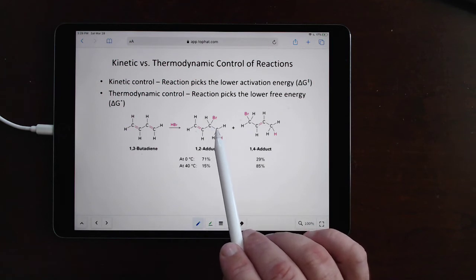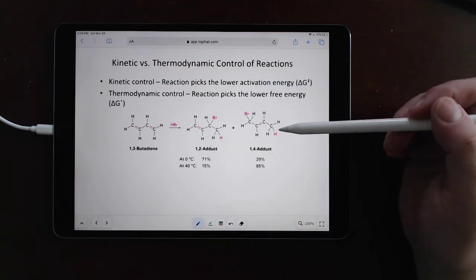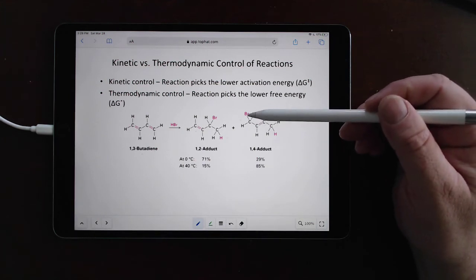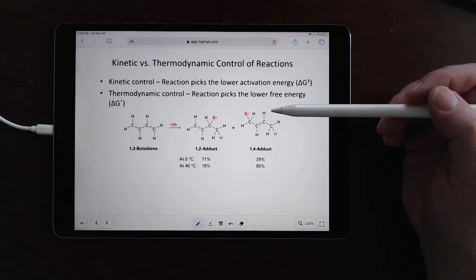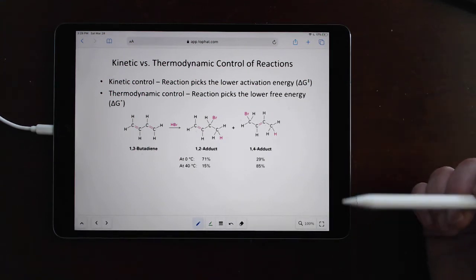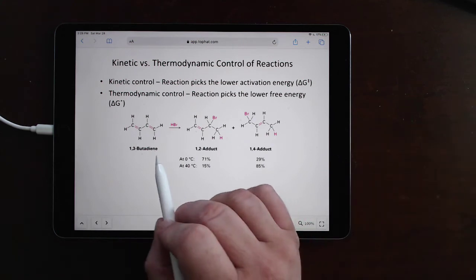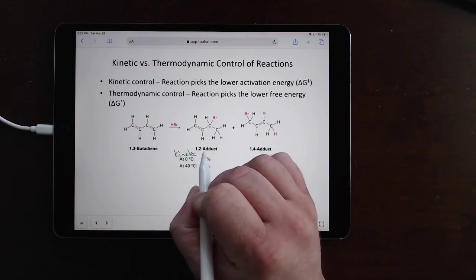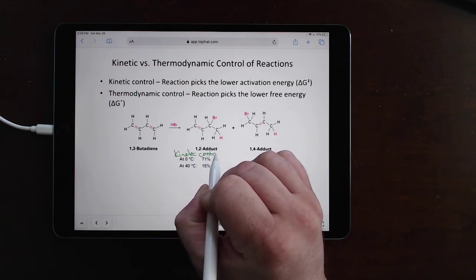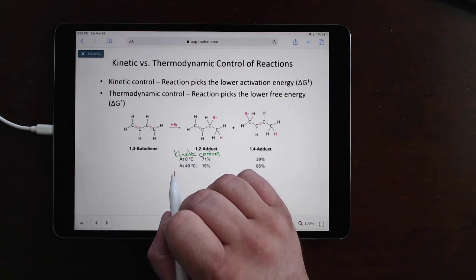So you have the H here and the H here and the Br here. But if you increase the temperature, you get the H here and the bromine way over here. So under low temperature conditions, you're running under kinetic control, and under high temperature conditions, you're going to be at thermodynamic control.